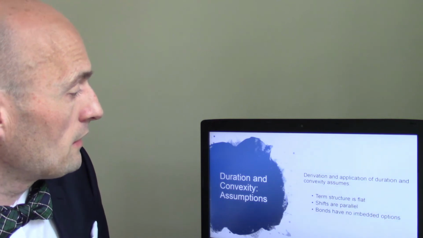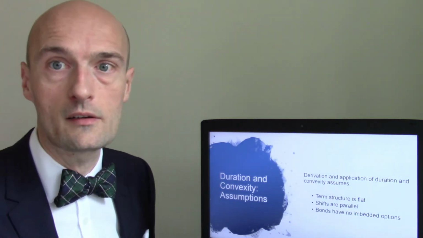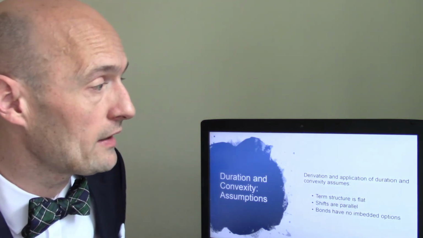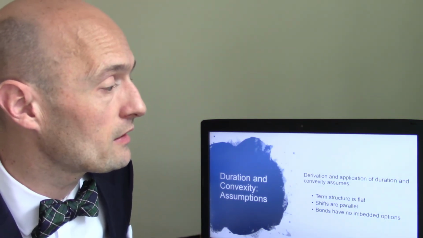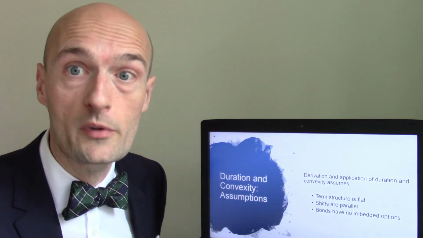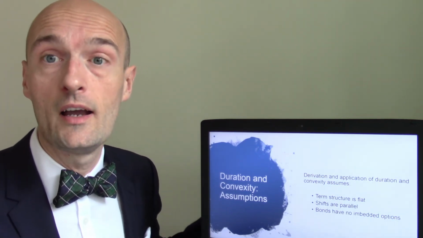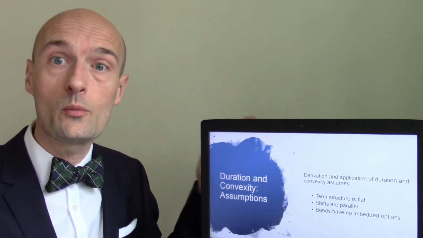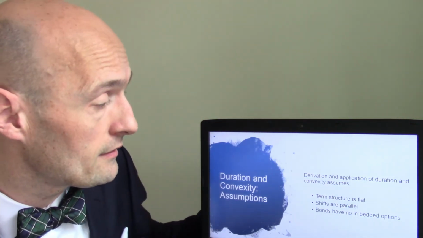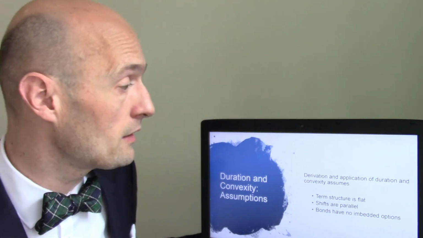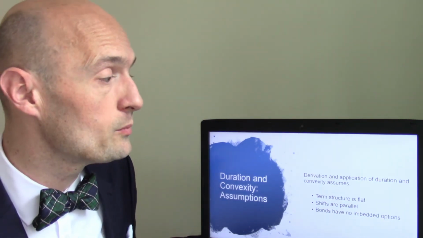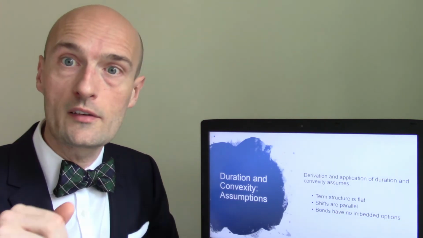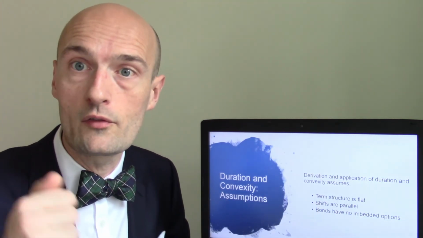What else have we got here? So duration and convexity assumptions. When we're calculating duration and convexity, we do this calculation assuming that the term structure of interest rates is flat, and that just simplifies the calculation. Now, that's not necessarily the way things will actually work, but that is the assumption in those calculations. We assume that the shifts are parallel, and that means that all interest rates, so we said that there are different interest rates for different holding periods.